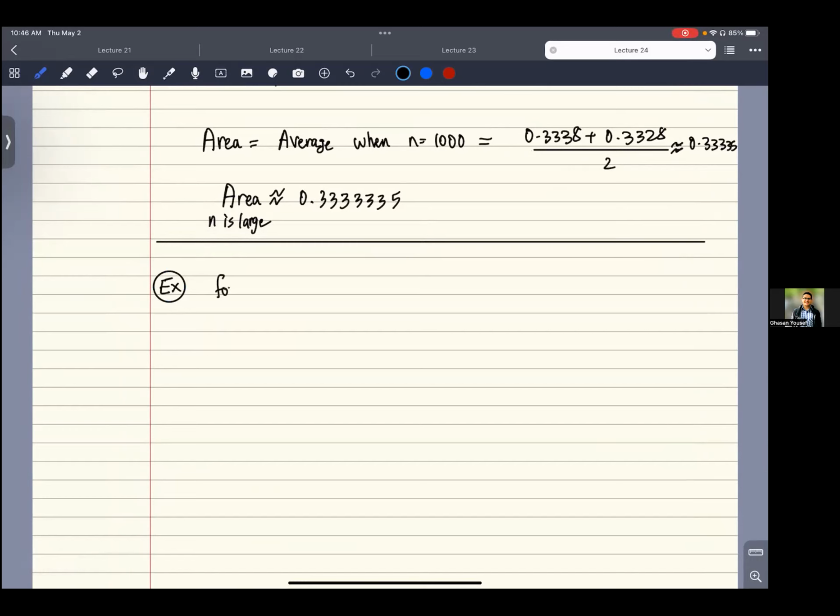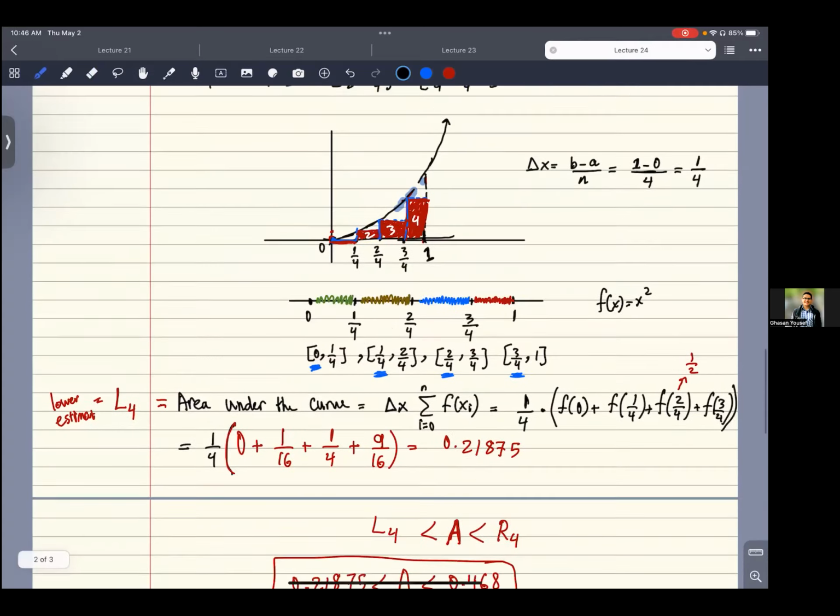For the same region of the previous example, or example one, I'm going to call it example one. Here I call this one example one.